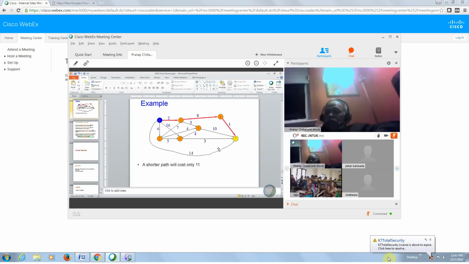Take this example. Okay, you already know what the shortest path is, right? Same thing, you trace Dijkstra's algorithm on this example, and then convince yourself that that algorithm works and it gives you the same cost. Everyone understand the problem?